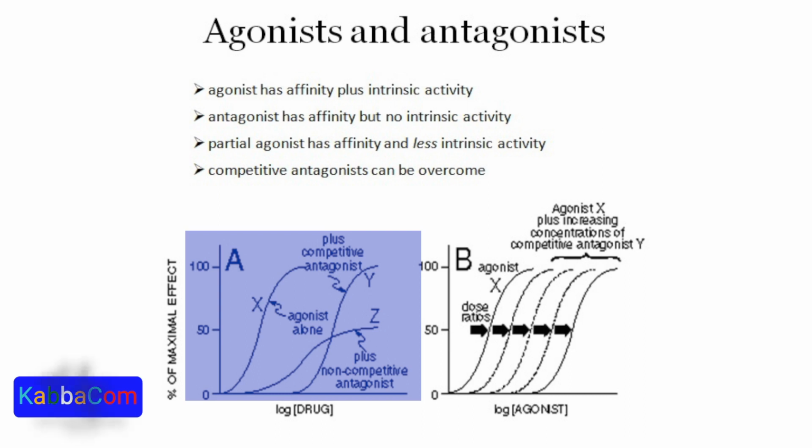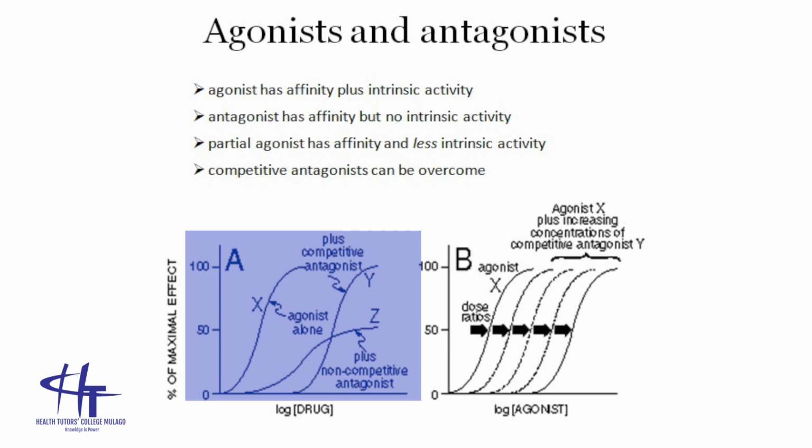So if you can see very well, there is curve X and curve Y. With curve Y, it necessarily means that for you to achieve the same effect, you have to increase the amount of the agonist. So in other words, we say that the curve has shifted to the right.